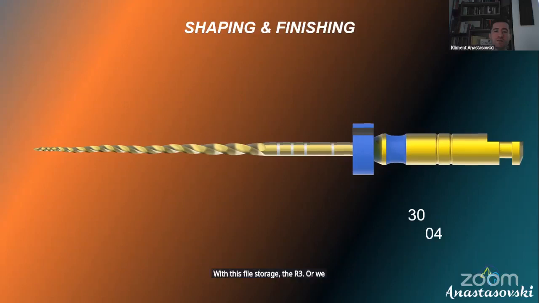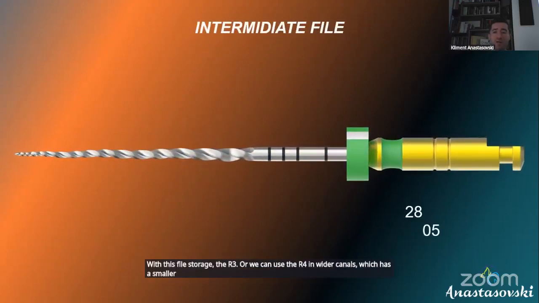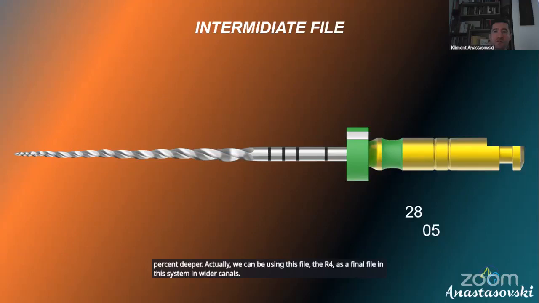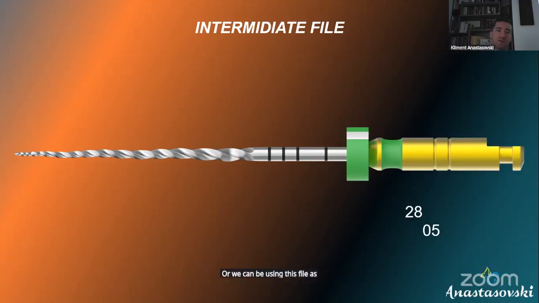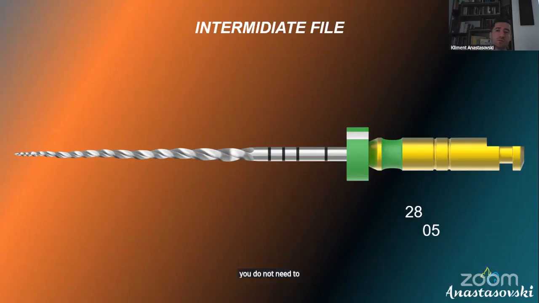Or we can use the R4 in wider canals, which has a smaller apical diameter, a 28, but a slightly bigger taper than the previous one, a 5% taper. We can use the R4 as a final file in this system in wider canals, or as an intermediate file, for example in calcified canals, when you are using the R2 file longer and do not need to go straight to the R3.